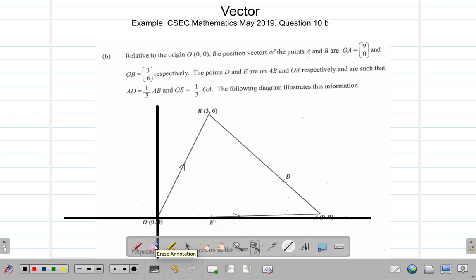Position vectors usually start at the origin.